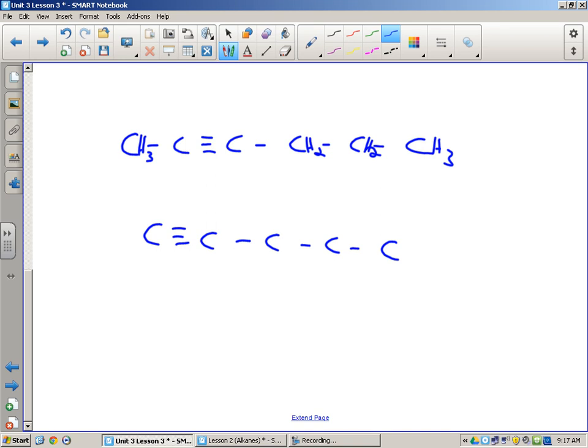So 1, 2, this has to be carbon 1, of course, 2 and 3 ethyl, and that's an ethyl group there. Fill in the rest with H's, all good. 4, I need 1 there, I need 2 there, and I need 3 there. Okay? Good? That's not too bad, eh?